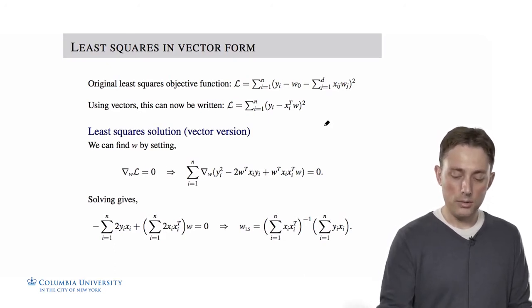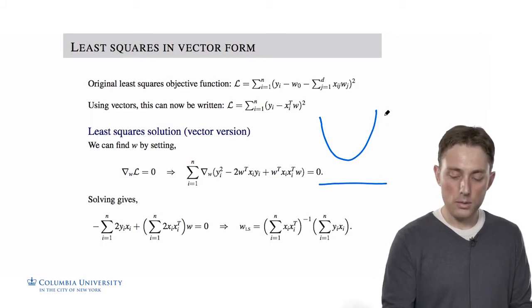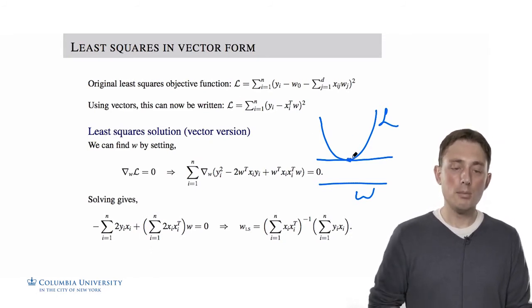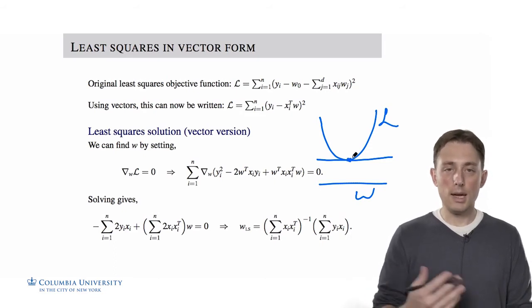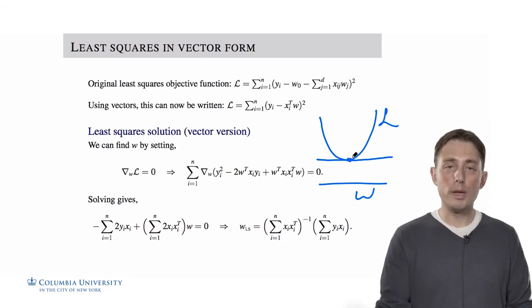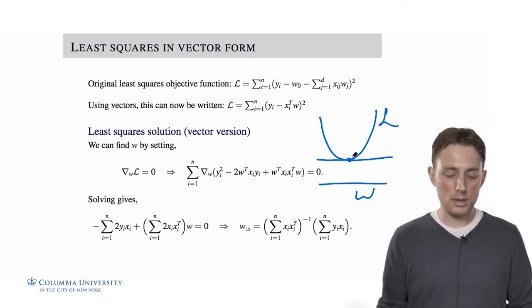And if you think intuitively what that means, if this is the function L and this is w, the point at which the gradient equals 0 is the minimum of that function, which is this point here. So we're looking for that minimum. We're hoping that we can analytically solve this. We're hoping that we can find the global minimum. In this simple case, all of those things are possible.